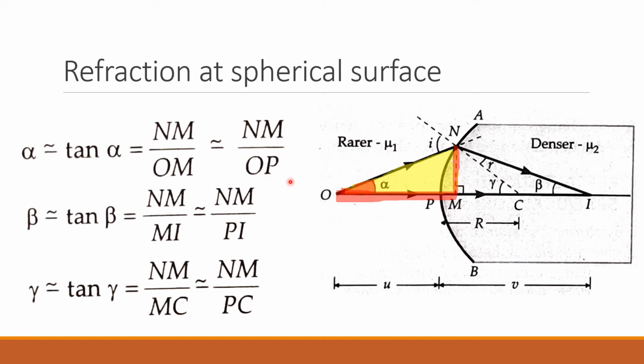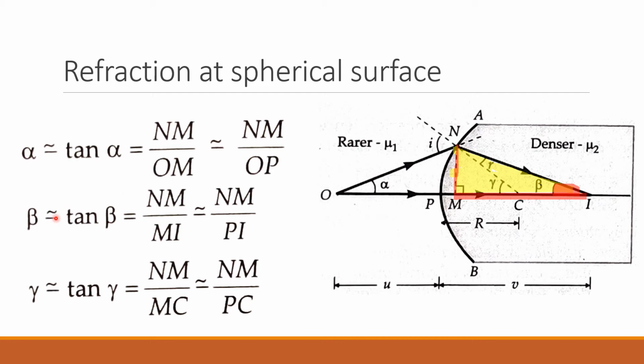Fine. Similarly, now consider your triangle NMI. Consider this yellow triangle. Now again we will follow the same procedure. Tan of this angle beta equals the opposite side NM divided by the adjacent side MI.